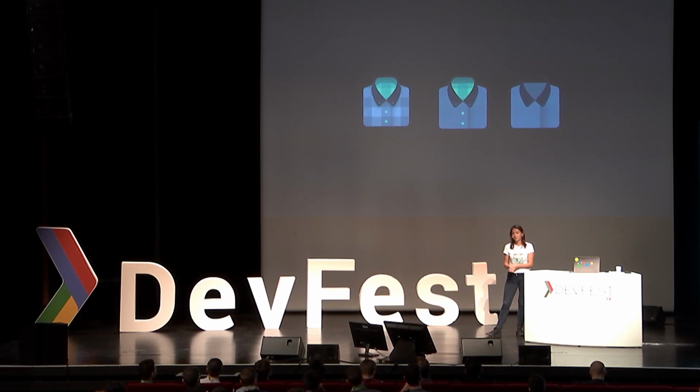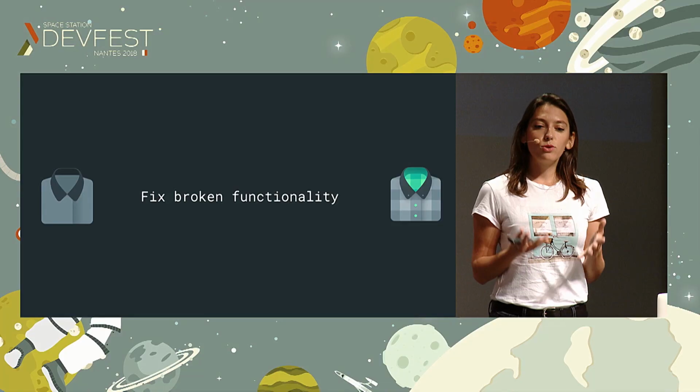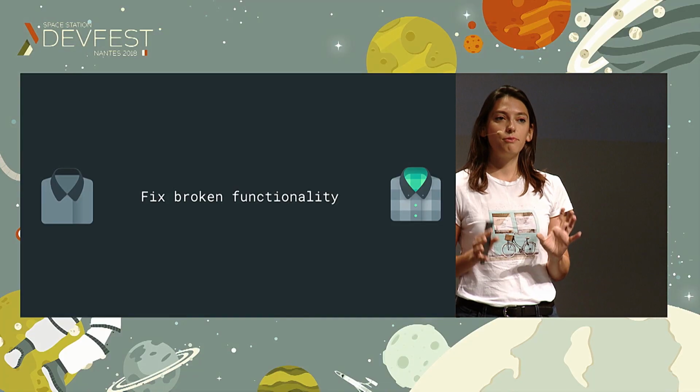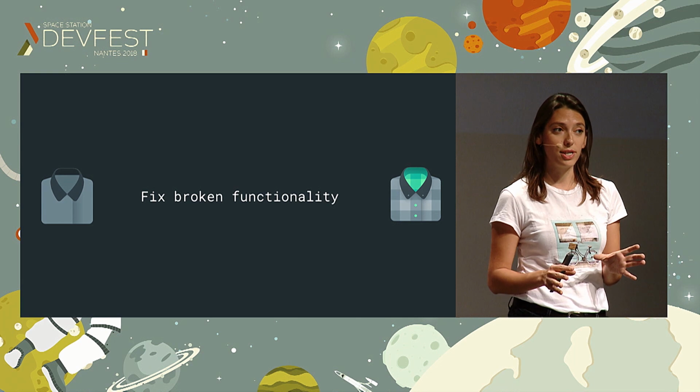So we didn't want to leave Plaid like this with 1/3 of its functionality, and we wanted to bring Plaid back to life. So together with Nick Butcher, Ben Weiss, and Tim Song, we decided to do this. But before we got started, we looked at what we actually want. So we knew that, first of all, we wanted to fix the broken functionality.